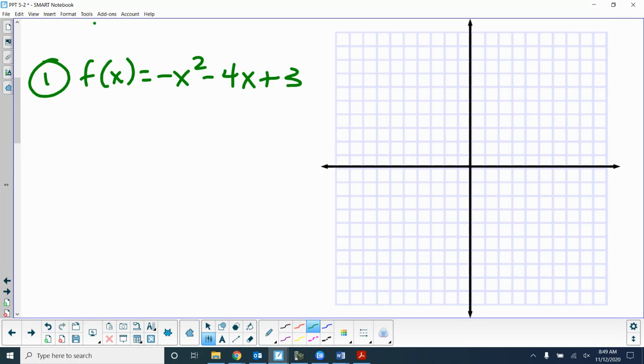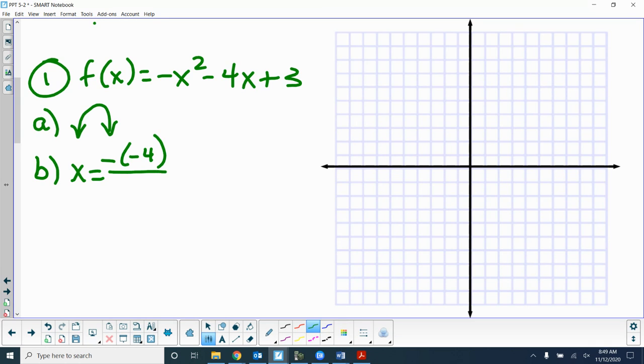Okay, so part A opens down, right? You can write down, you can do like I do, you can just do little arrows pointing down. Okay? Part B, x equals negative of a negative 4.